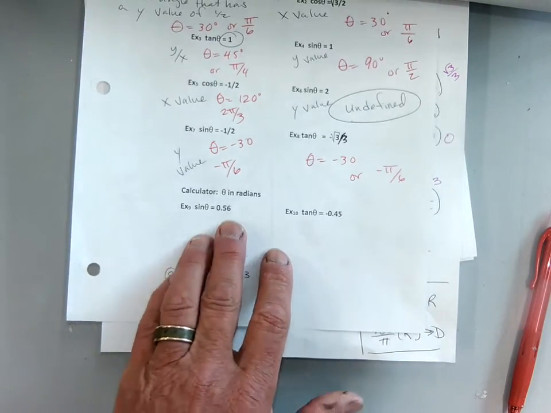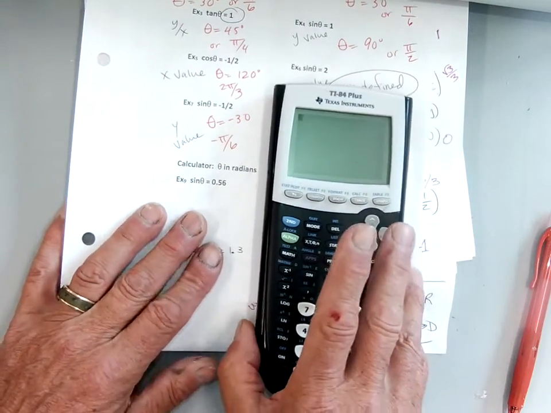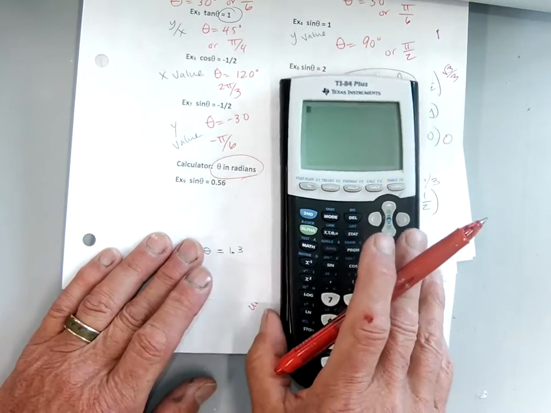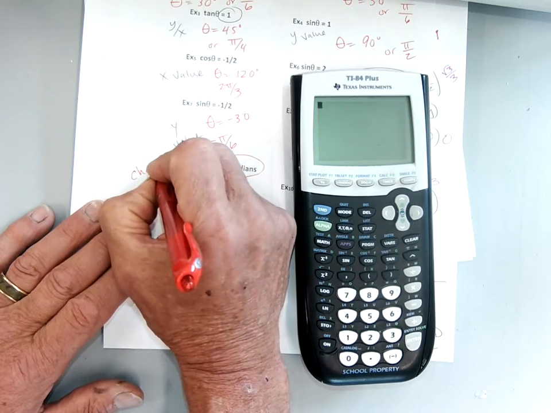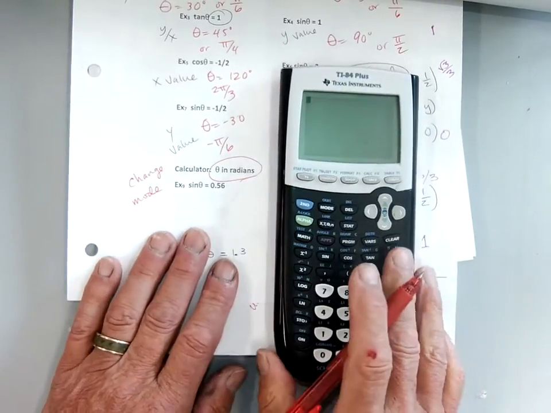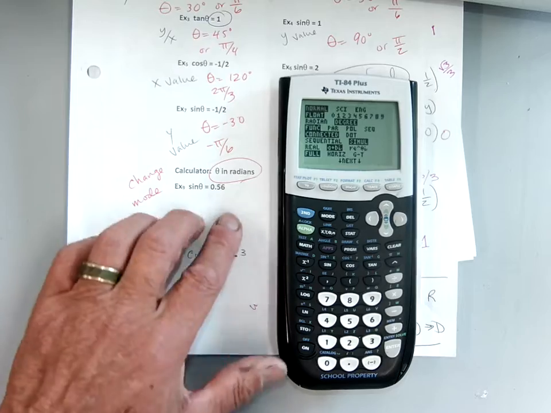Now, calculator in radians. Now, we need an answer in radians. Okay, this is going to mess up my geometry, kids, but I'm going to let them know. So what do I do in radians? I have to use my calculator. We're going to change our mode. So I'm going to go to my mode button, and I need to do it in radians.